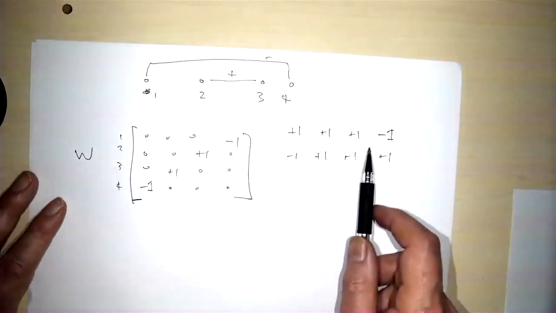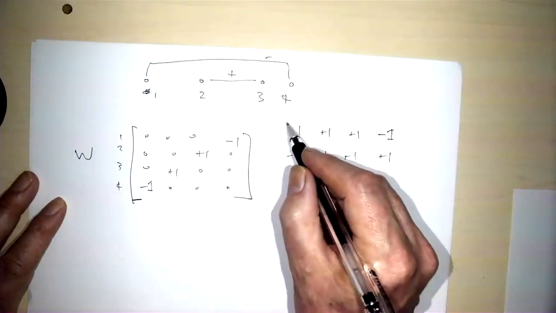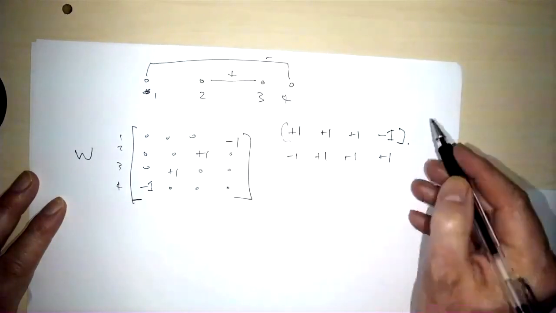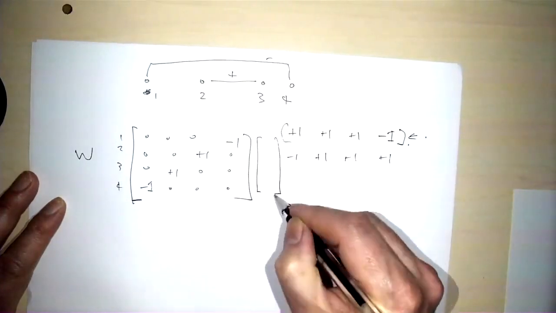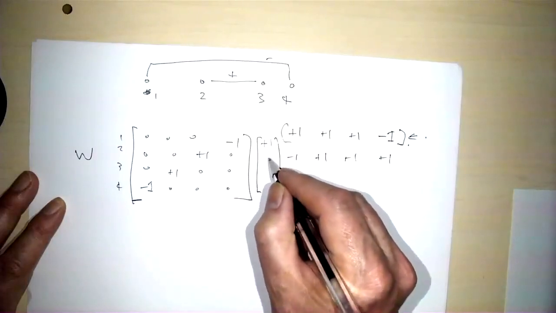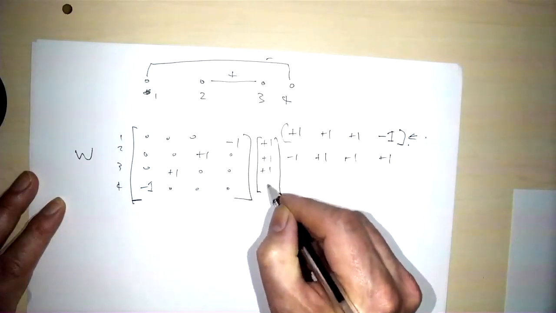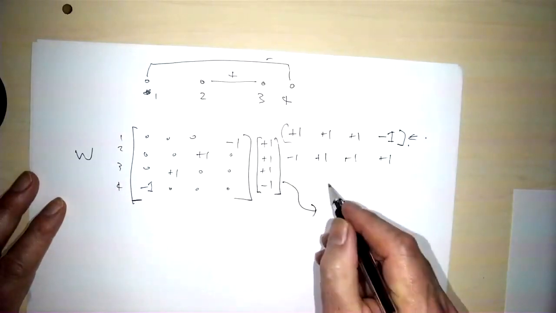To test whether a state is actually stable, we have to multiply this weight matrix by this vector and see what the new vector is.